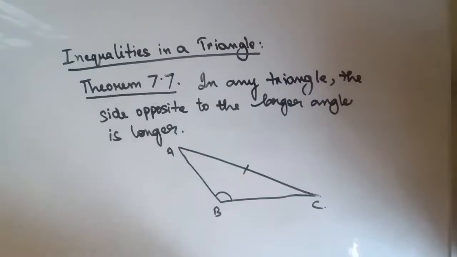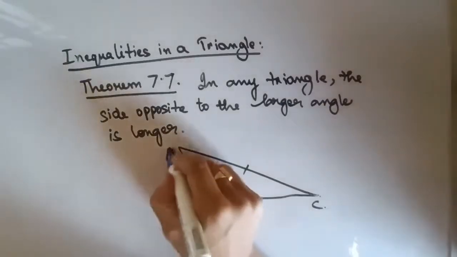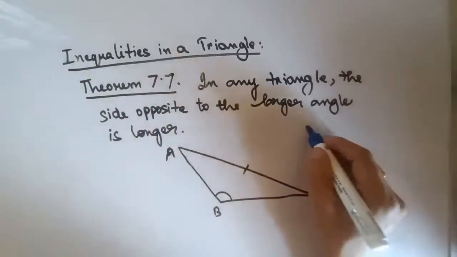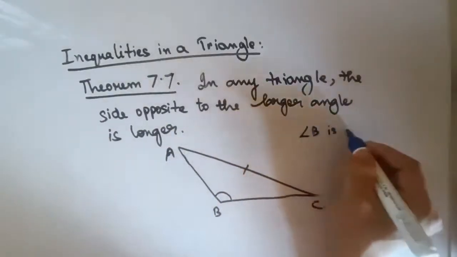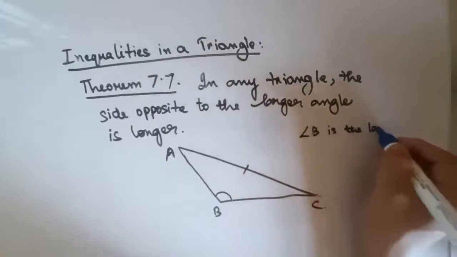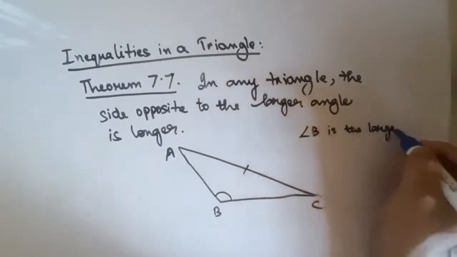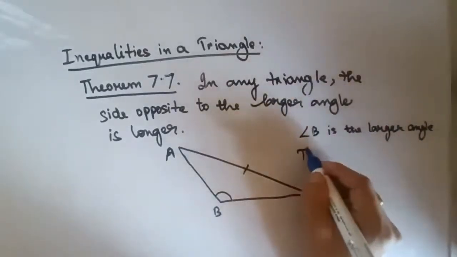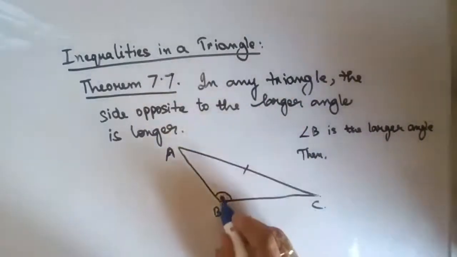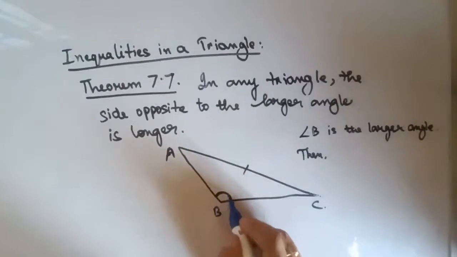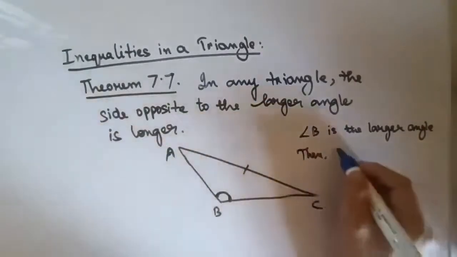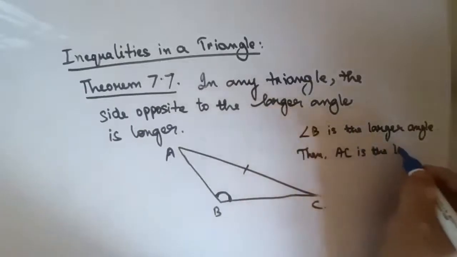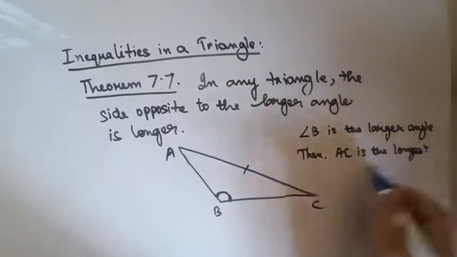Suppose in a triangle ABC, angle B is the largest among the three angles, then the side opposite to this angle, that is side AC, is the longest side.